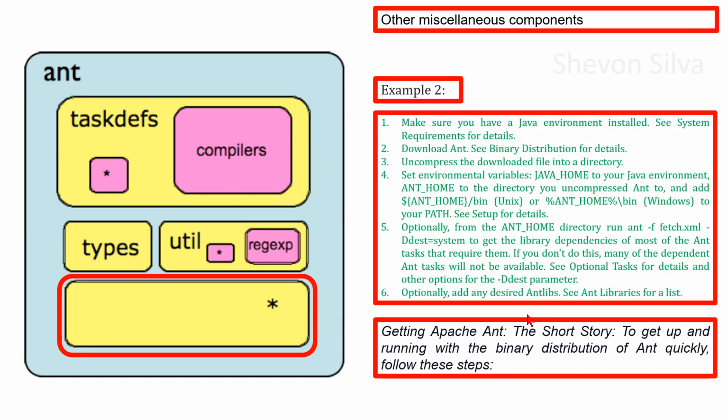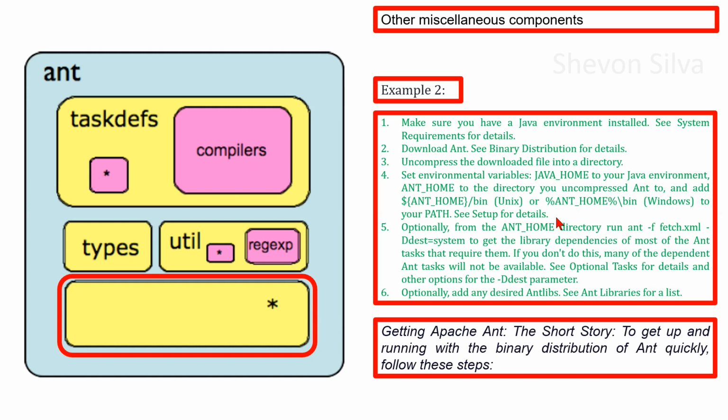As example 2, we are considering getting Apache Ant, the short story. To get up and running with the binary distribution of Ant quickly, follow these steps. Step 1, make sure you have a Java environment installed. Step 2, download Ant. And step 3, uncompress the downloaded file into a directory.